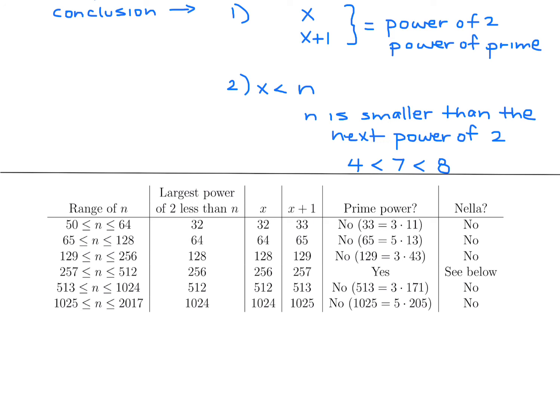So the largest power of 2 less than n is listed in this column. Then we have listed x and x plus 1, because x has to be less than n, and x and x plus 1 are consecutive integers. In this scenario, we have made x a power of 2, and x plus 1 is just the number after it. In the other scenario, we'll make x plus 1 the power of 2, and so on.